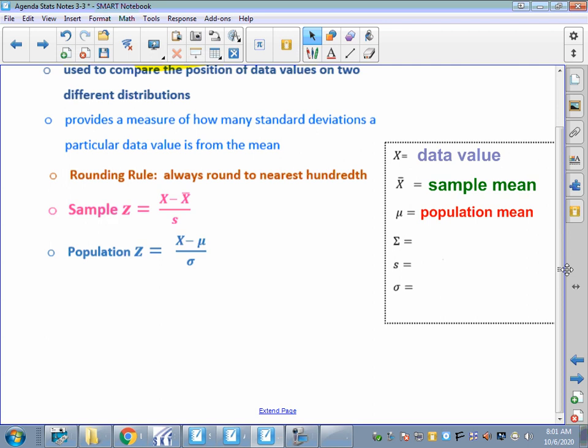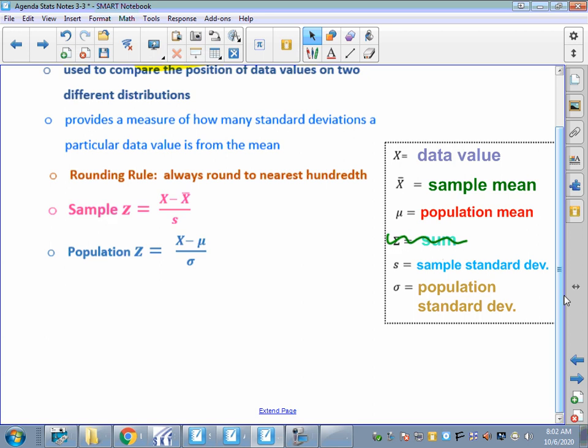I'm not sure why I have capital sigma in here for sum of. We don't really need that in here. I'll just do a little squiggle through that one. S, we all know, is our sample standard deviation, whereas sigma is our population standard deviation. So x, your data value minus the mean, all divided by your standard deviation.